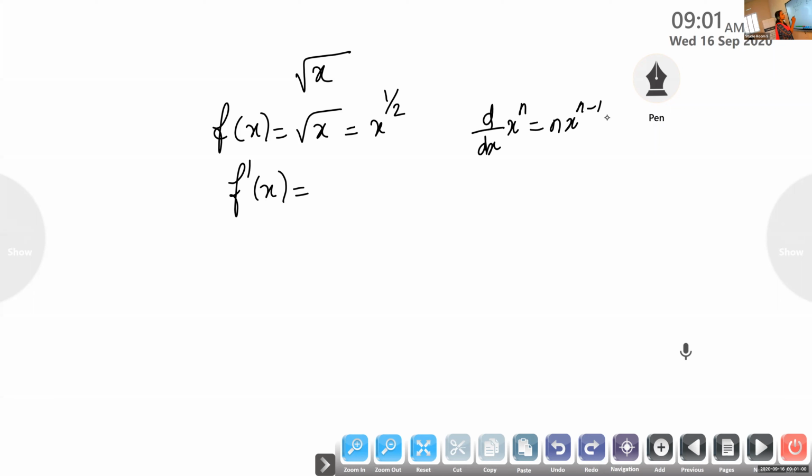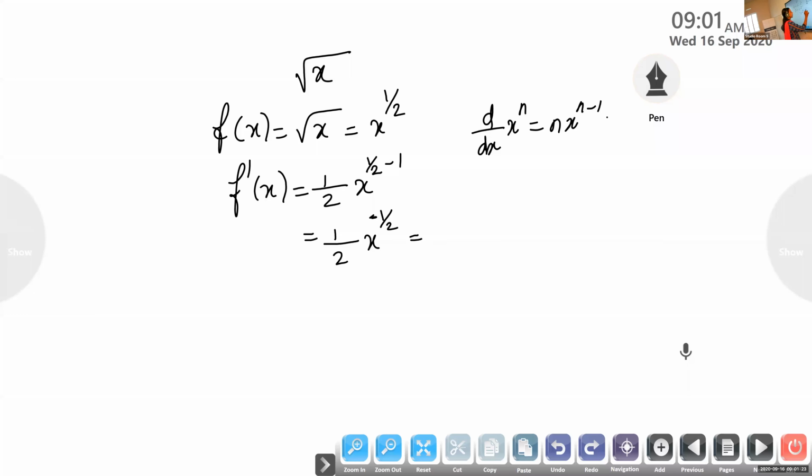So 1 by 2 x raised to 1 by 2 minus 1. What is 1 by 2 minus 1? Minus 1 by 2.